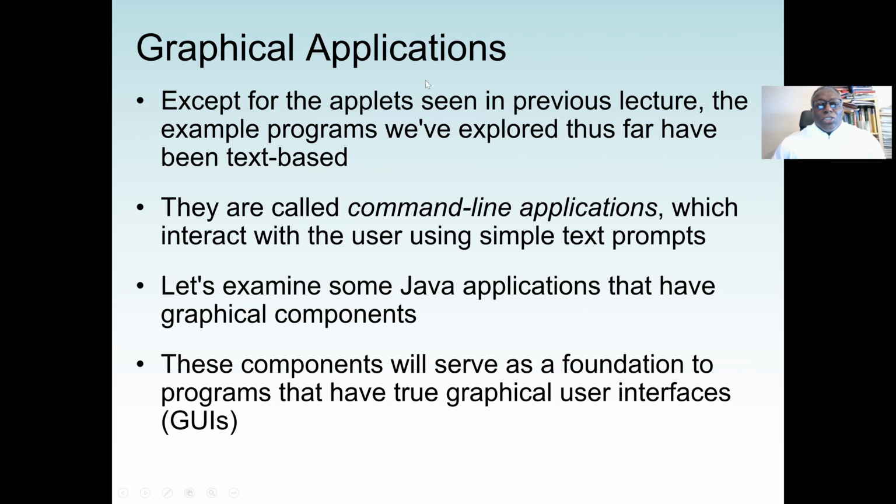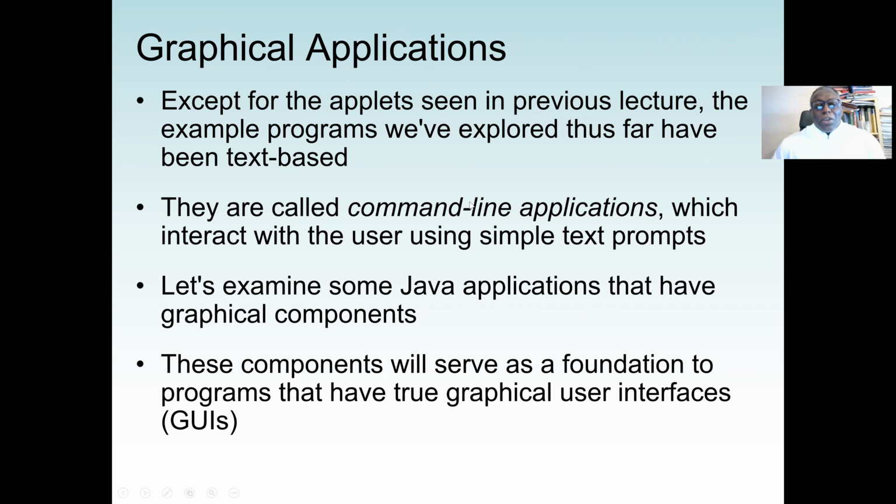So graphical applications. So far in this class, most of the programs that we are dealing with are console applications or text-based applications, sometimes also called command line applications, where we have a black screen with text or messages.